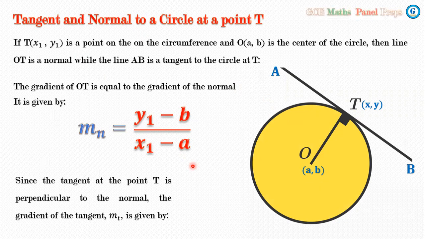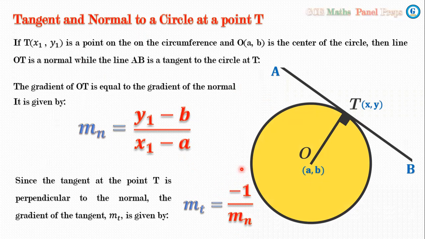So the gradient of the tangent is equal to the negative reciprocal of the normal's gradient. So -1 over the gradient of the normal. That's the gradient of the tangent.